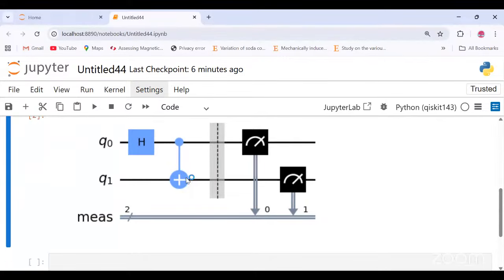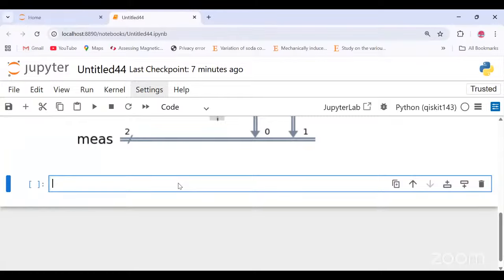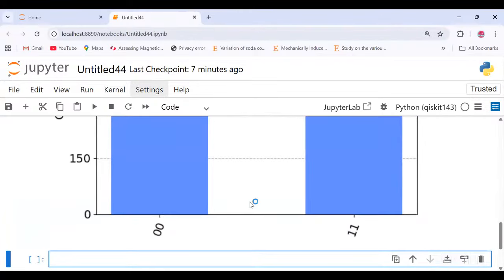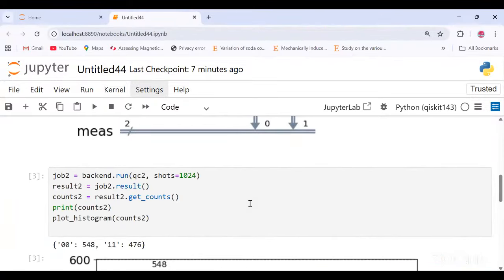Now we have to run this program also. So for that, run the entanglement. First we have to give the command for the backend to run, and we also have to specify how many shots we run these circuits for. Yesterday we also saw that.